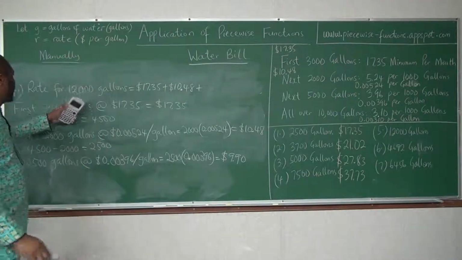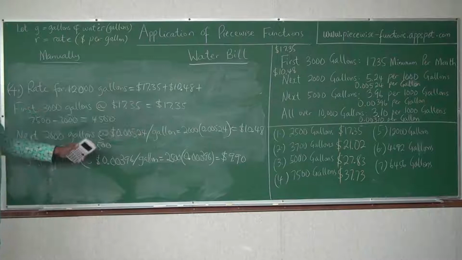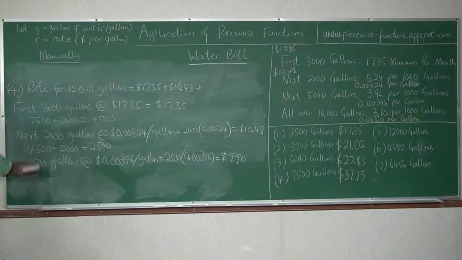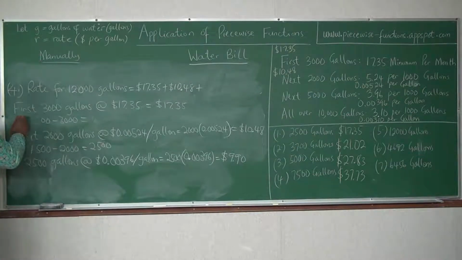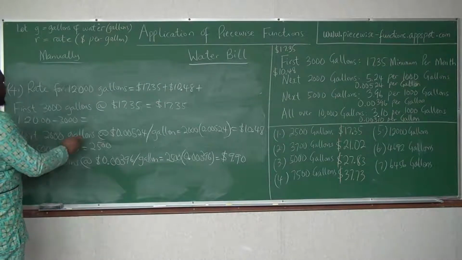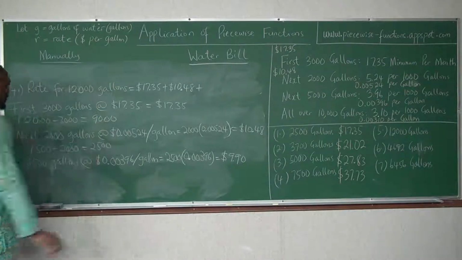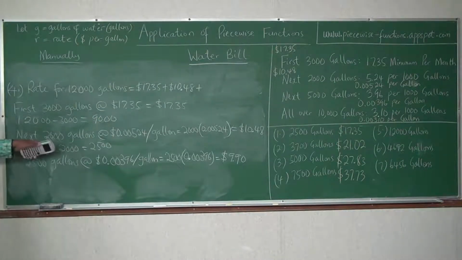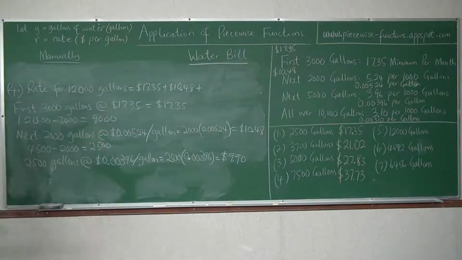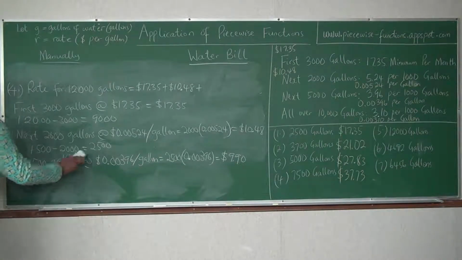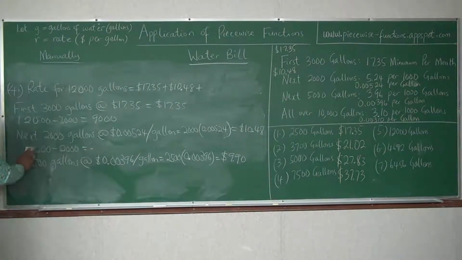So now for the 12,000 gallons, we have the first 3,000, it is $17.35. Then we do 12,000 minus 3,000, which gives you 9,000. Then you now do the next 2,000 gallons, we have that, $10.48. Then you do 9,000 minus 2,000.